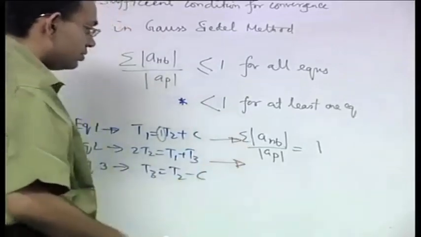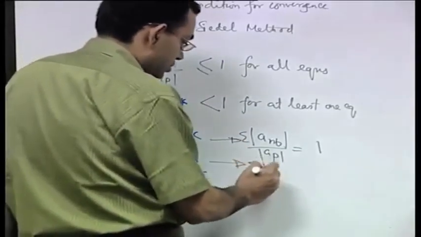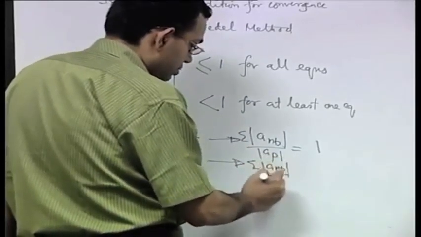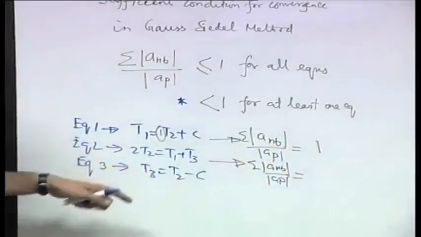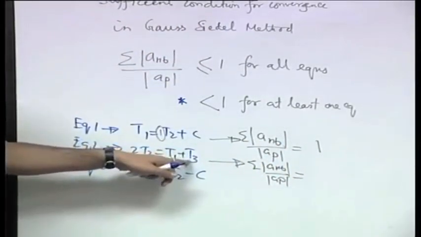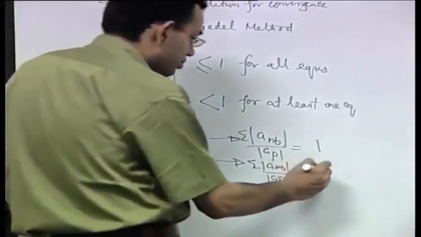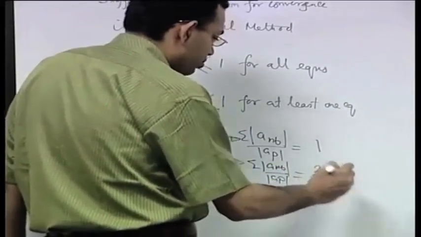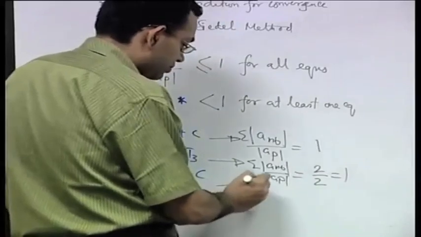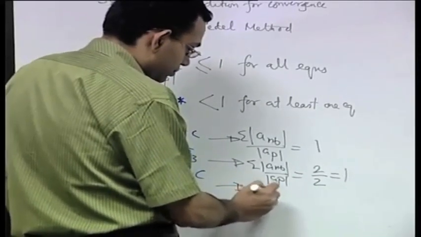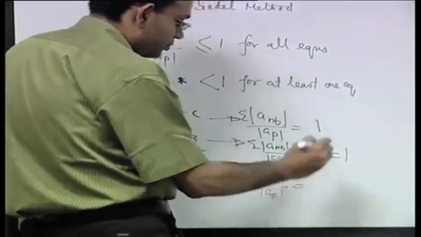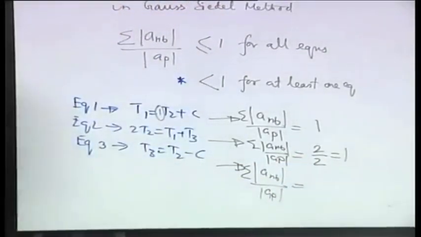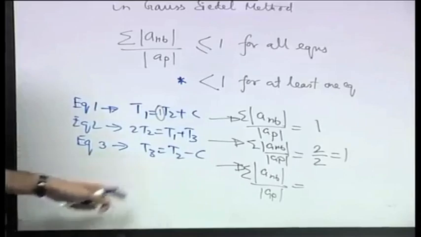For equation 2, 1 plus 1, 2 by 2, AP is 2, so that is 1. For equation 3, again 1.